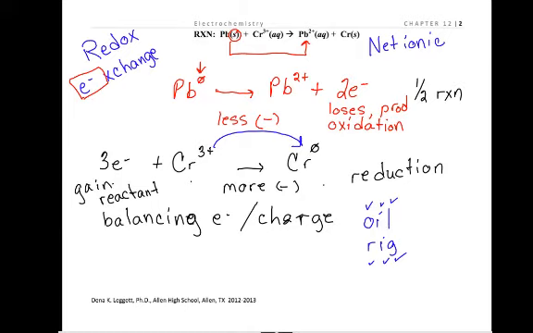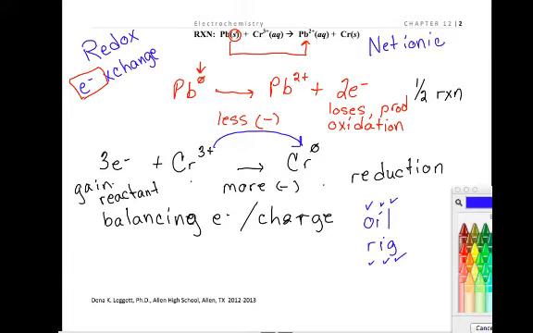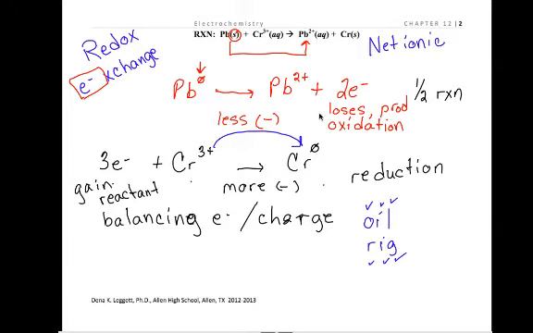Now, in a system, we can't lose 2 electrons and gain 3 electrons. Where's that other electron emerging from? We don't create and destroy electrons. So we have to gain and lose the same number of electrons.